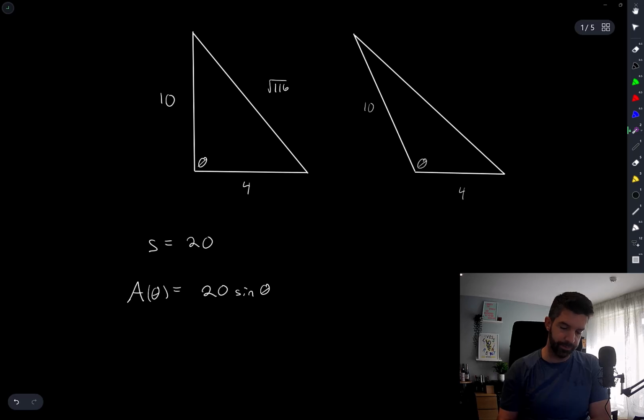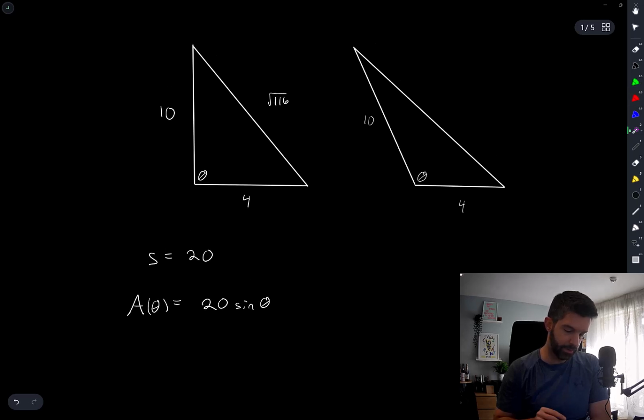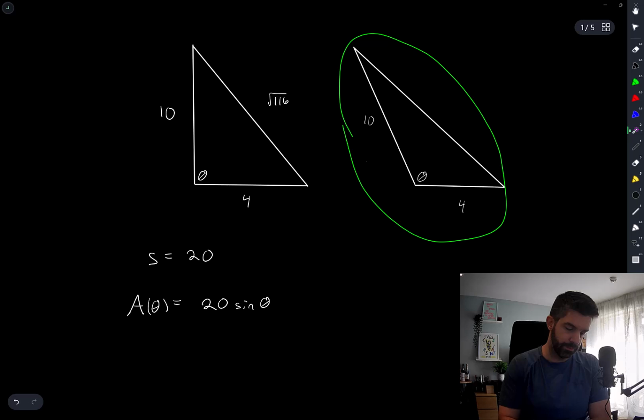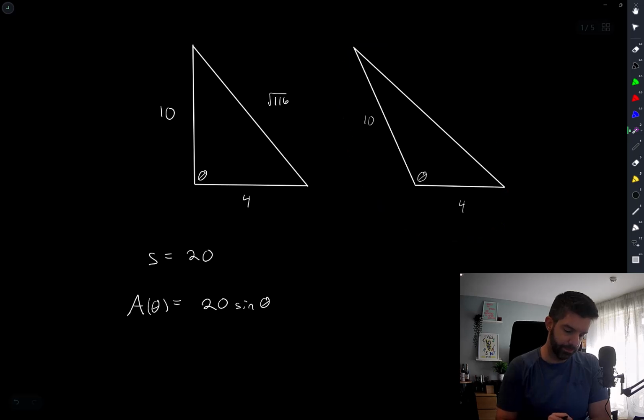However, the question is whether there is another triangle with side lengths of 4 and 10 with the same area that is not congruent to this one?